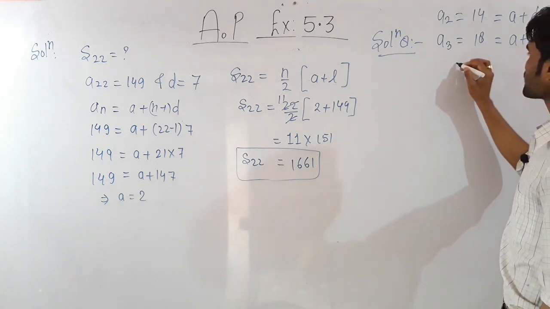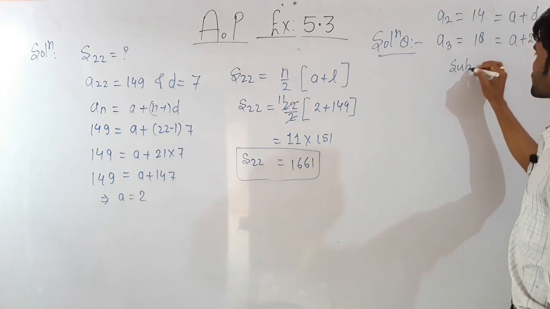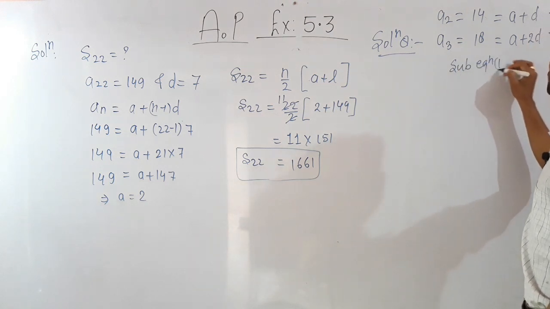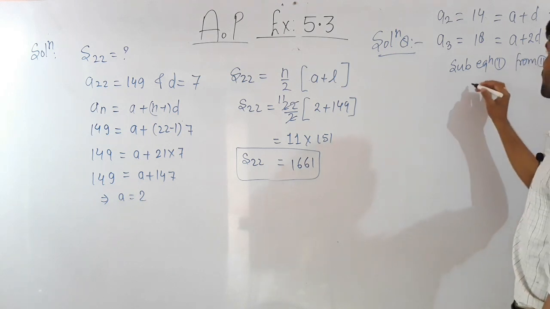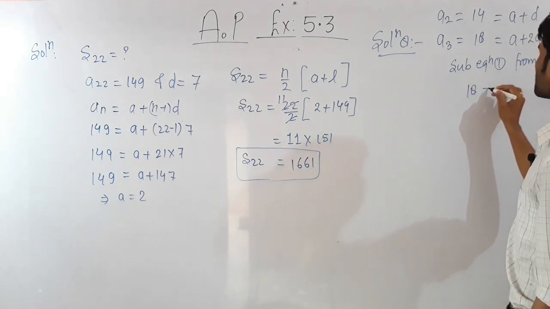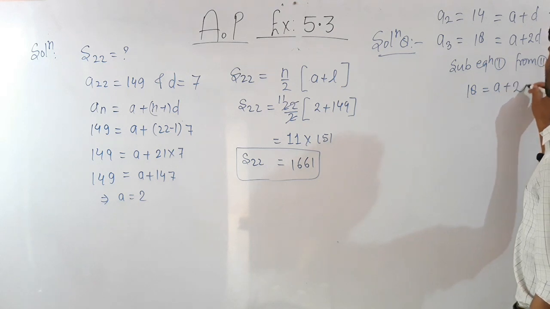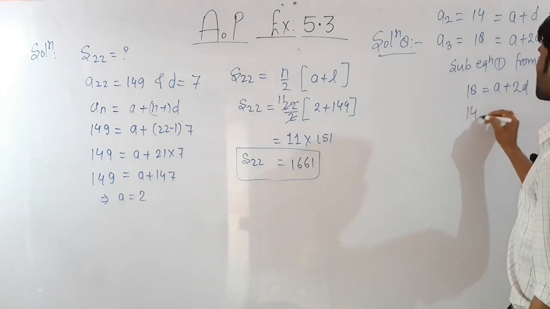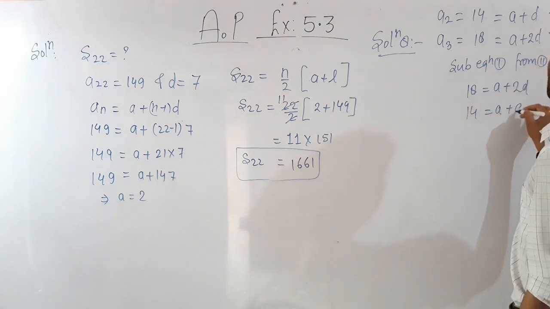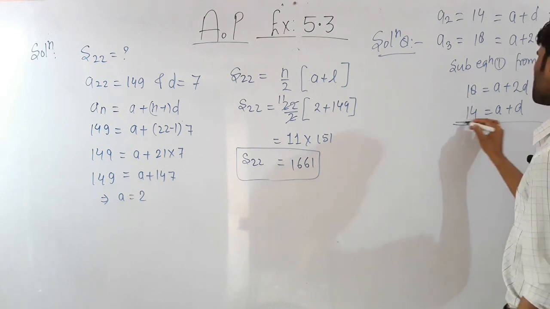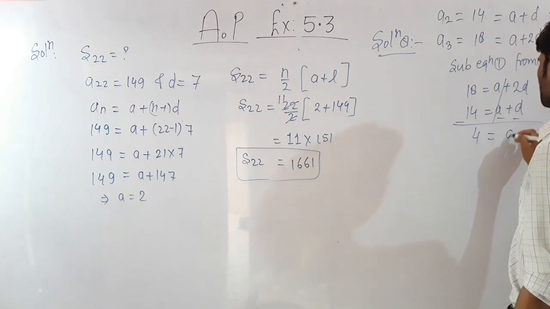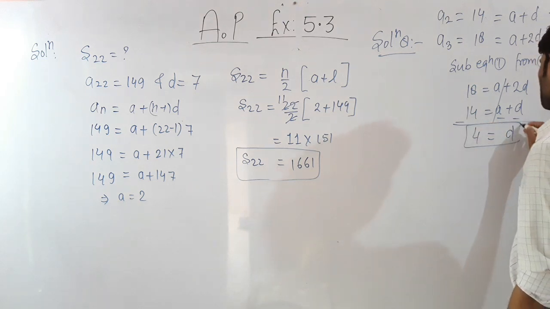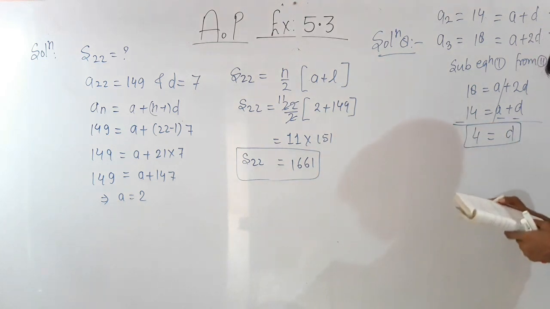So subtracting equation first from second, we get 18 is equals to a plus 2d, and 14 is equals to a plus d. So if you subtract it, it will become minus minus, it will be cancelled. So 4 is equals to d. Okay, so we have obtained d is equals to 4.